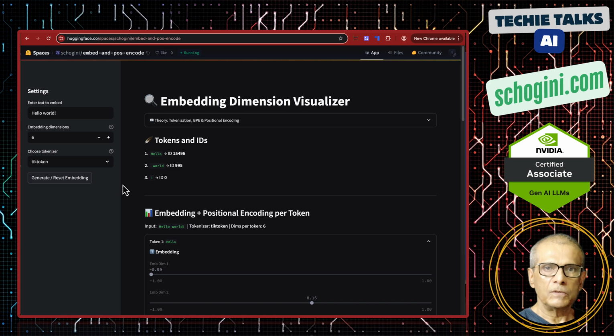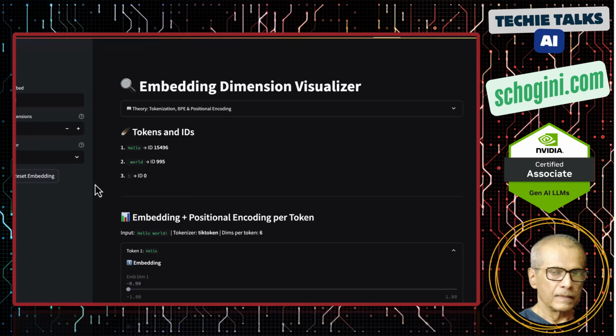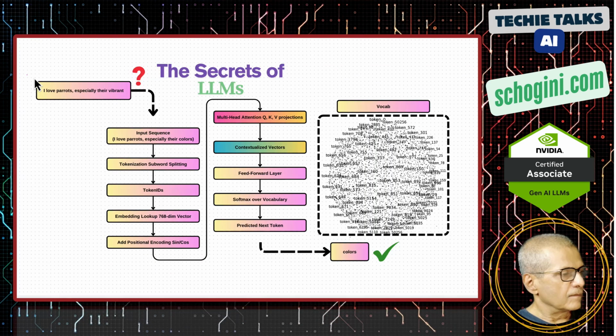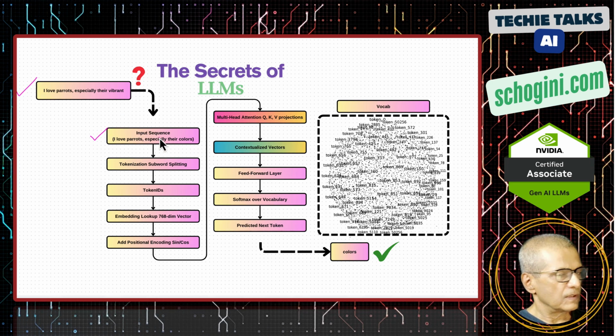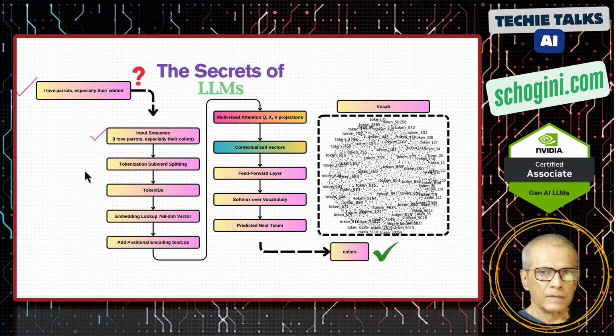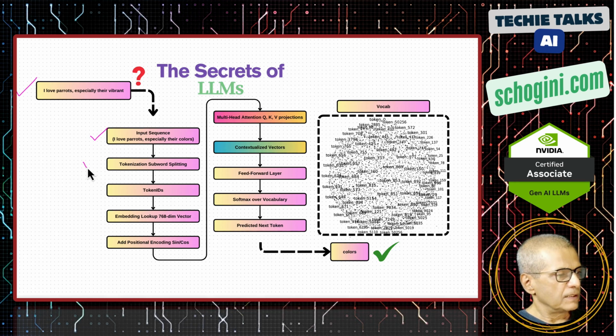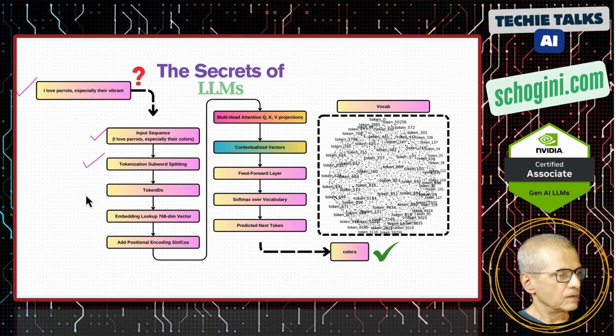Okay, so next video we'll tackle attention head. So coming back to our diagram, this is the input sequence which we enter. Here we have the same input sequence received at the input of our LLM. It is split into subword tokens.